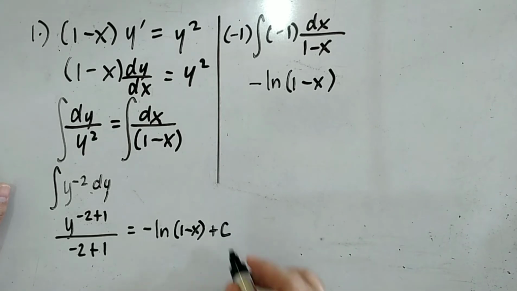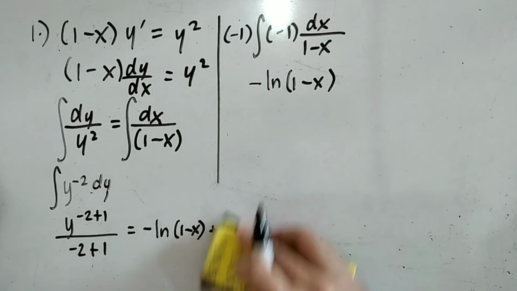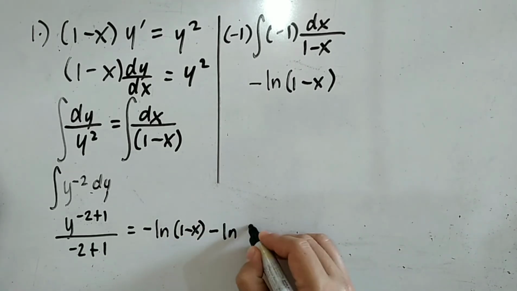But since c is an arbitrary constant and it can take any constant value, we can manipulate it so that it is easier for us to simplify the equation later on. And so, rather than just adding plus c, I can write here negative ln of c.